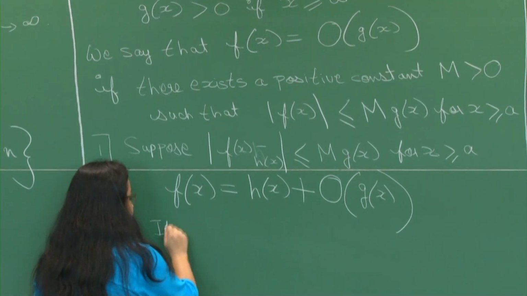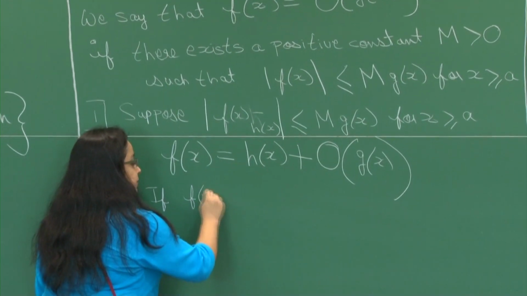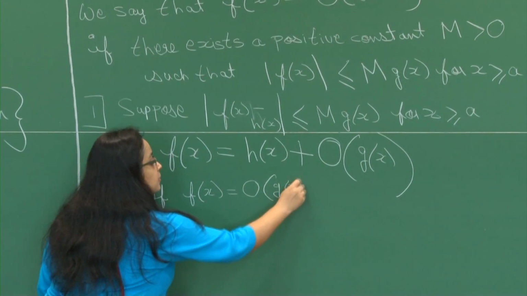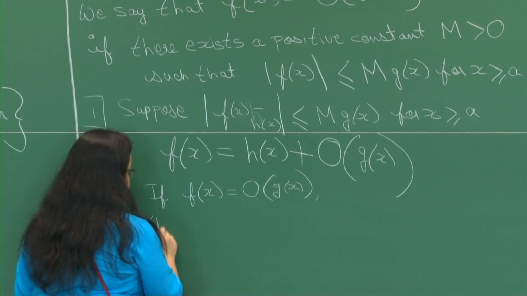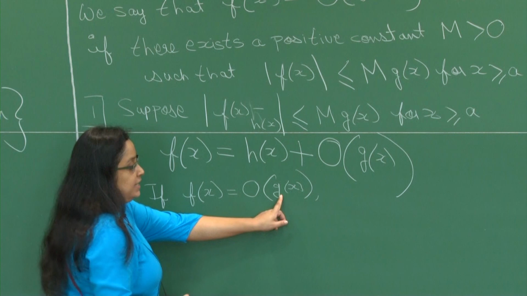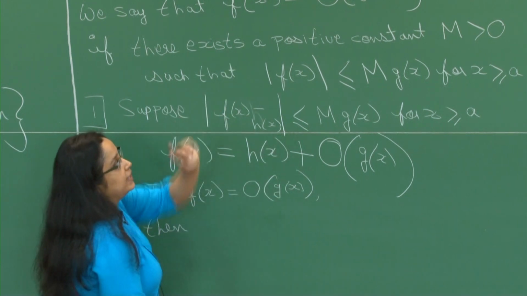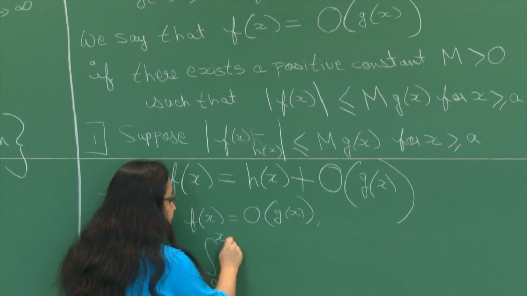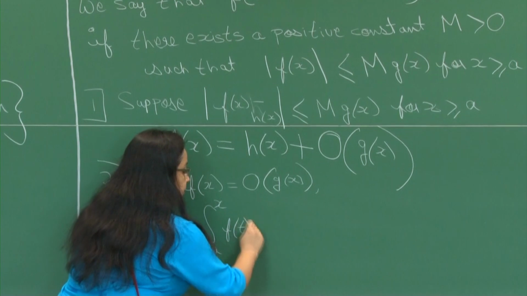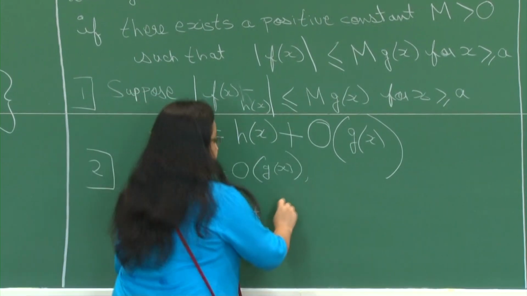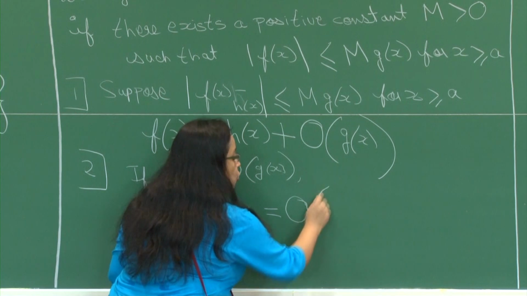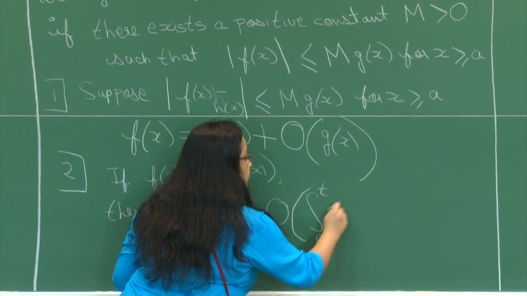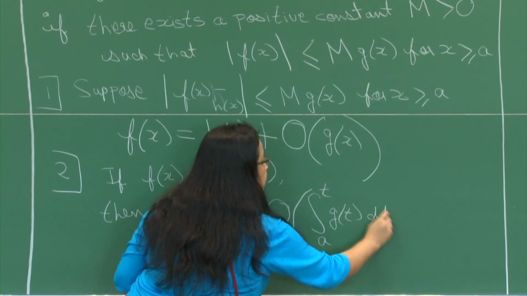The other remark that I want to make, and you will have opportunity to use this: if f of x is O of g of x, then provided your g is a function which takes positive value for x greater than or equal to a, the integral from a to x of f of t dt can be shown to be O of the integral from a to x of g of t dt.